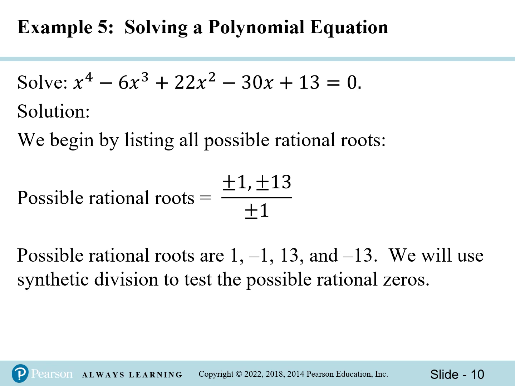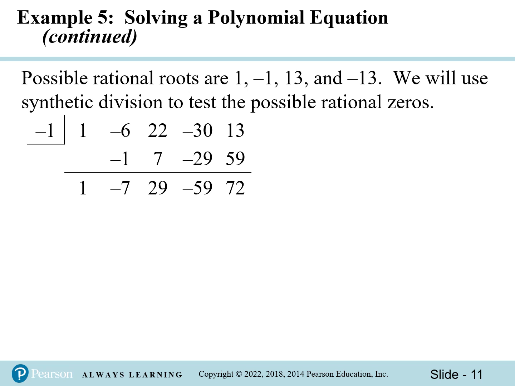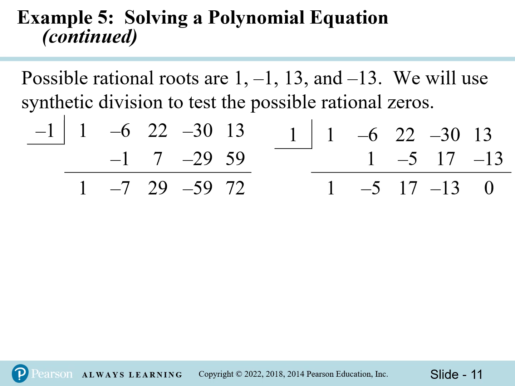And I have 1, -6, 22, -30, and 13 for my synthetic division. So here we go. Start with -1. When we do that, it does not work. Try +1. Typically, when I have to do this, I start with 1 and -1 because they're the easiest numbers to work with. And when we do 1, we see that we indeed have 0.